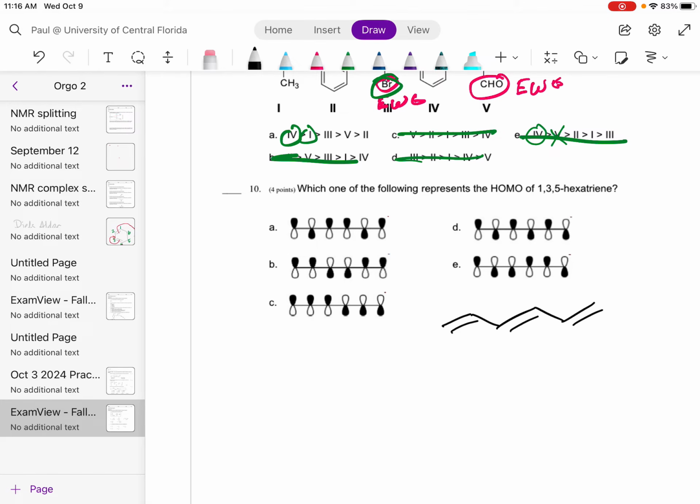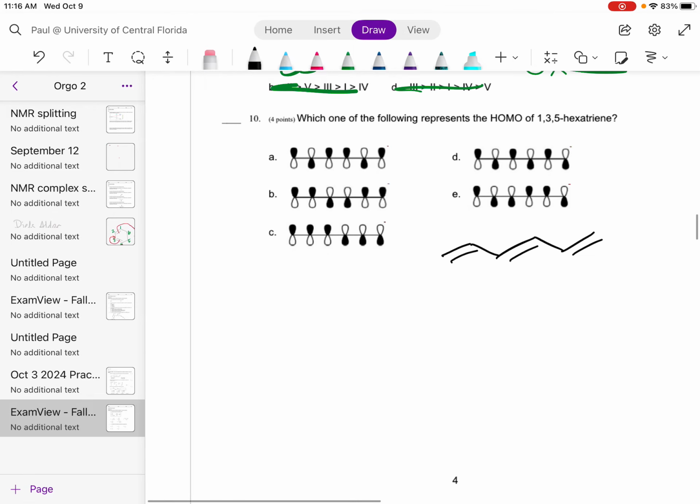So what we see is that there's 6 p orbitals. So in the MO, we're going to take a look at those 6 atomic orbitals, and then we look at it in terms of a molecular orbital.